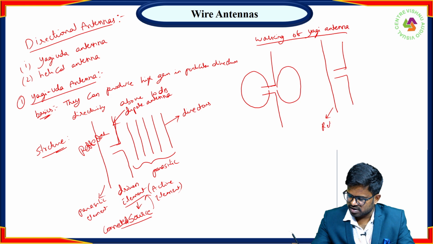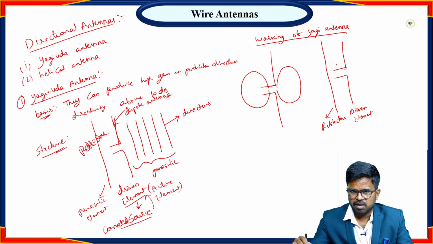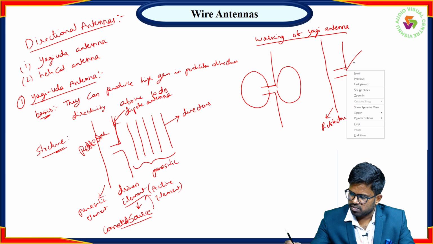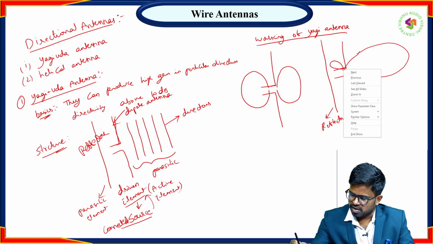This is the driven element, dipole antenna only. So when we place the reflector, that will stop the radiation, and they will reflect the signal. So that's why this radiation will move in one particular direction, and whatever the back lobe now, that will be reduced, and some small side lobes will come here.